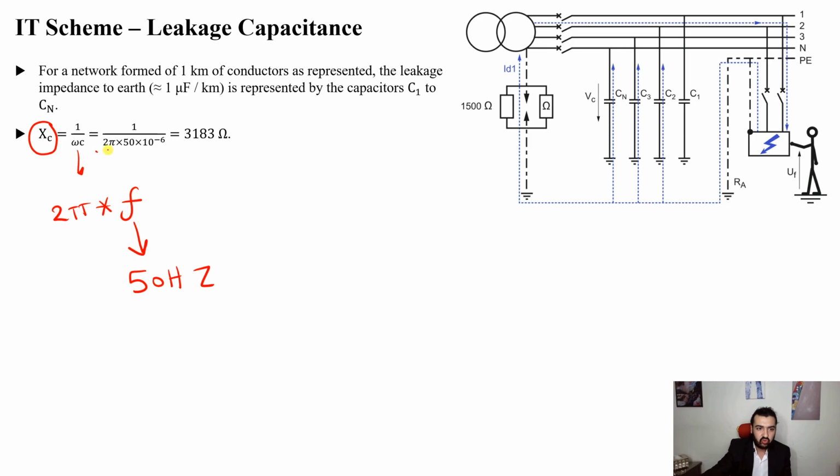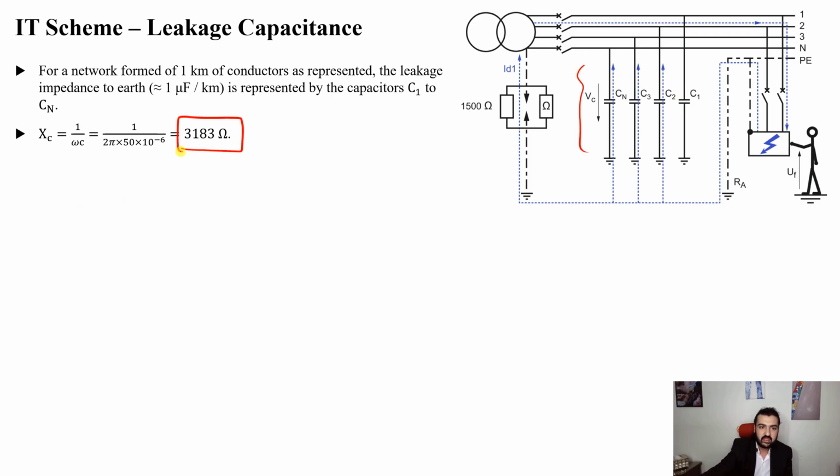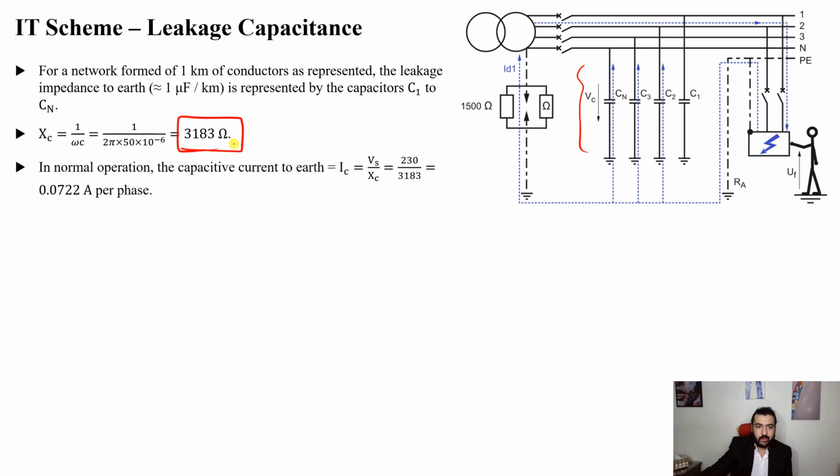So it will be 2 pi multiplied by 50 multiplied by capacitance, which is 1 microfarad, leading to XC of each of these components to be 3183 ohms. Now in normal operation, without any kind of fault, what is the value of leakage current?